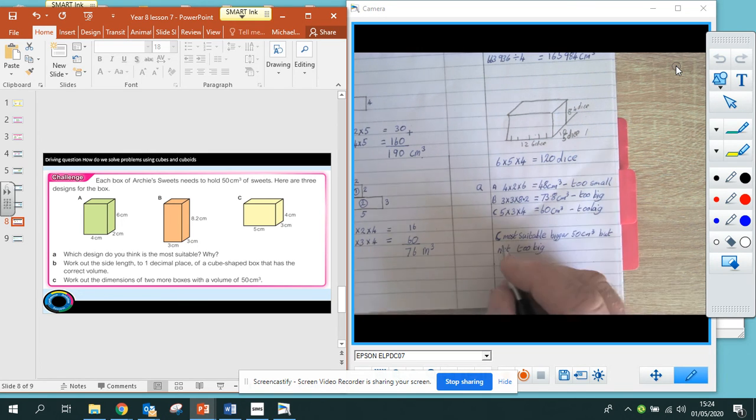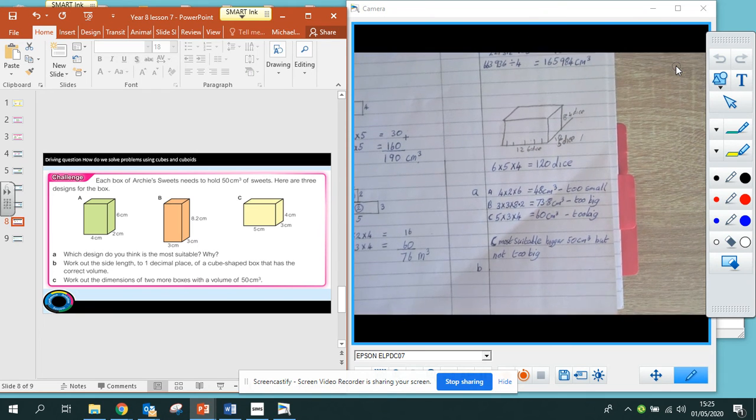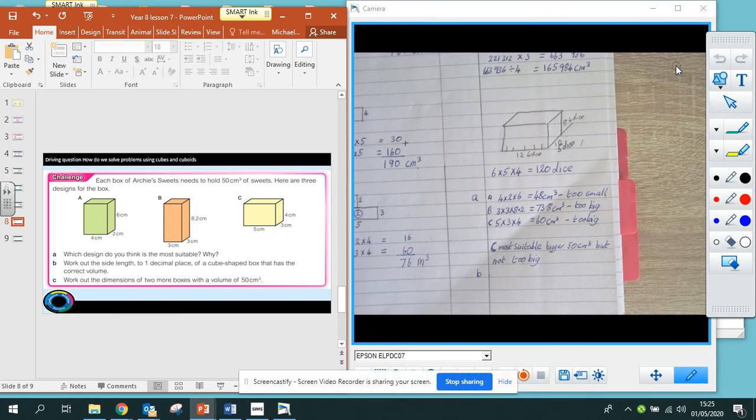So now the next one, part B. Work out the side length to 1 decimal place of a cube-shaped box that has the correct volume. Now, if we know the area of a square, we find the length of the square by finding the square root.